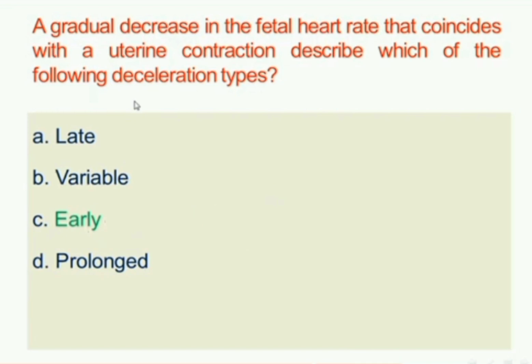If the gradual decrease in fetal heart rate persists even after the uterine contraction has gone, then it is a late deceleration. And if it has no relation with the uterine contraction, then it is a variable deceleration. So here, as it is coinciding with the uterine contraction, it is early deceleration, and the cause is mostly head compression.